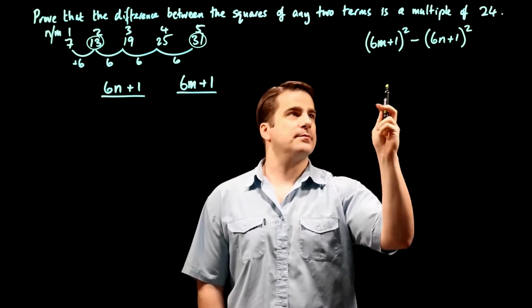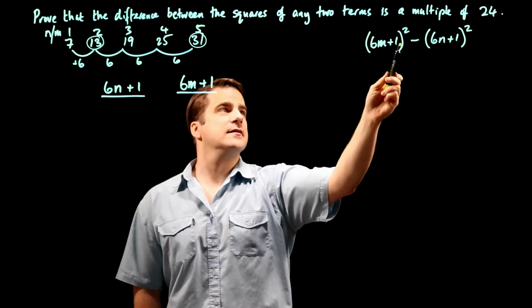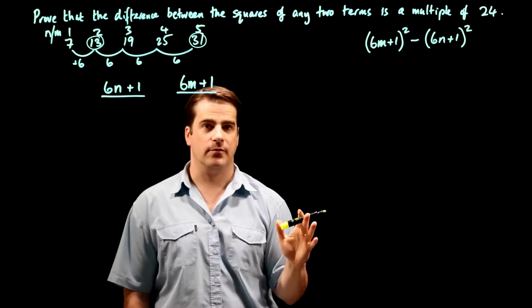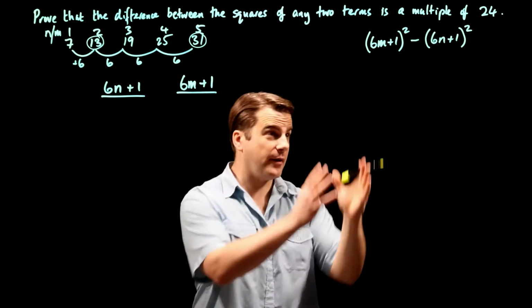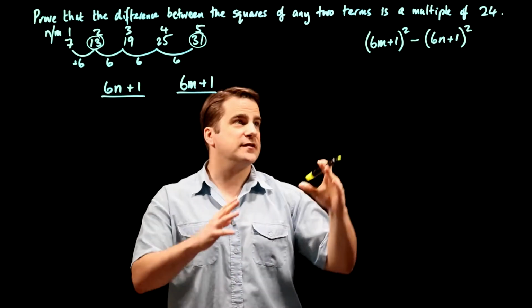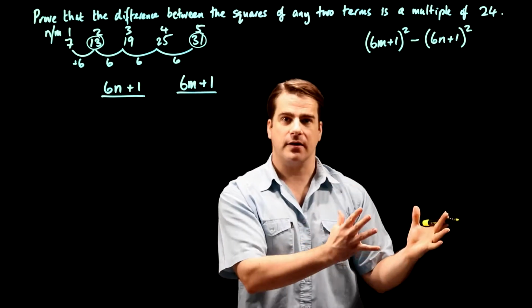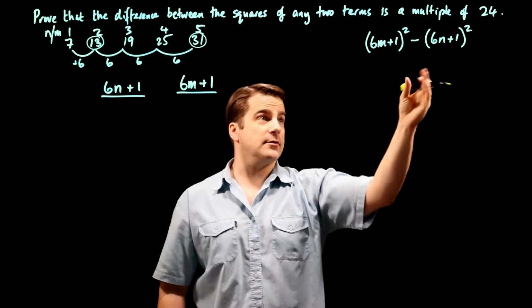So now we have to prove that that is a multiple of 24. Okay, again, it doesn't matter if you can't see where it's going to go. You don't need to be able to know precisely how to get the answer. Just keep going and see where it goes. We can definitely expand these brackets and see what this looks like, right?